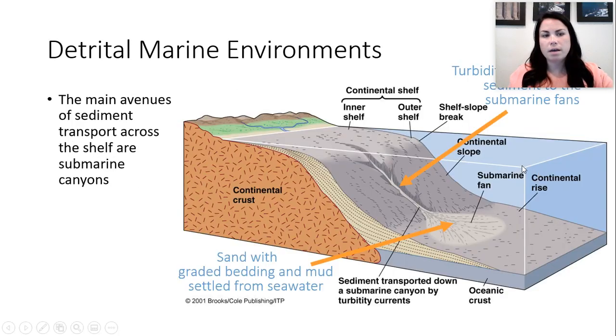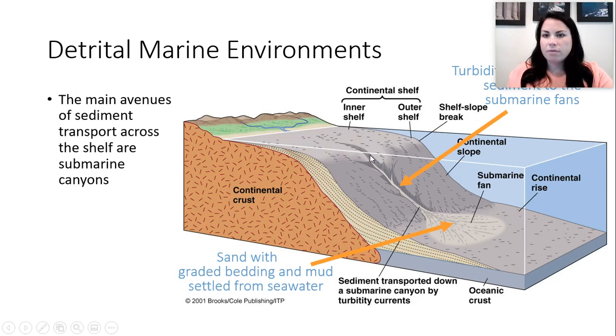Okay, let's look at more detrital marine environments. The main avenues of sediment transport across the shelf are submarine canyons. Again, we looked at an alluvial fan on the continental shelf, and it's the same type of thing as what we call a submarine fan.